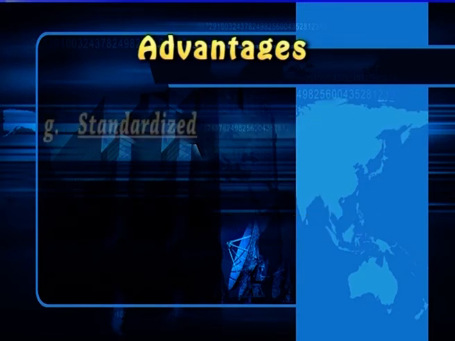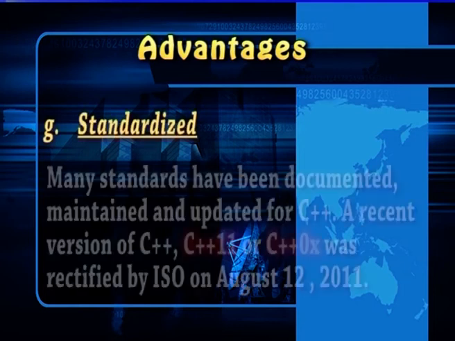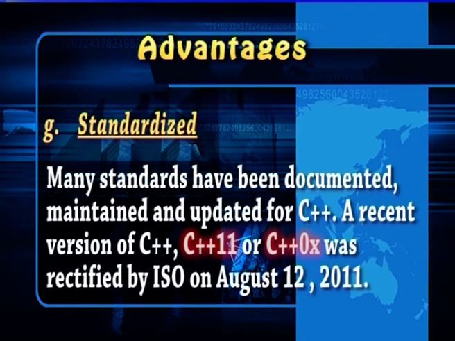And last, it is a standardized language. Many standards have been documented, maintained, and updated for C++. A recent version of C++, known as C++11, informally known as C++0x, was ratified by ISO on August 12, 2011.